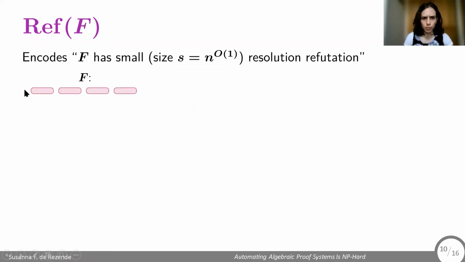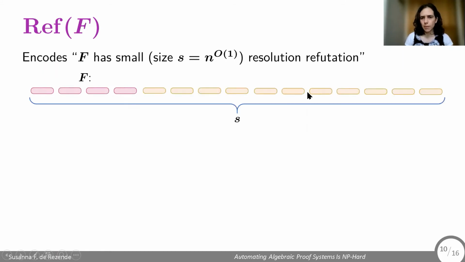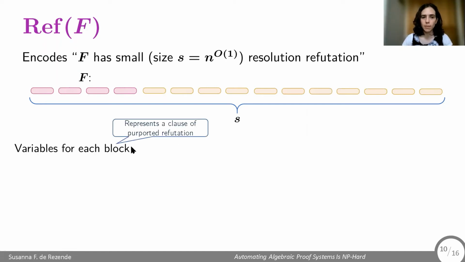So we remember first we had the clauses of F, and then we had some other clauses. So here we're saying there's a proof of size S, so we have a total of S clauses. And now we need variables to actually say what these clauses are. So we're going to have some variables for each of these blocks. So the blocks are representing some clause in this purported refutation.